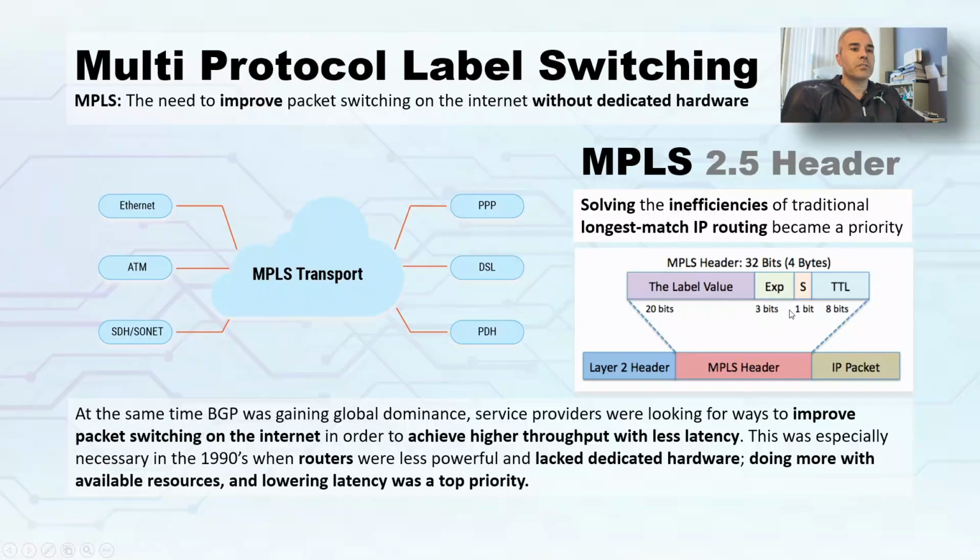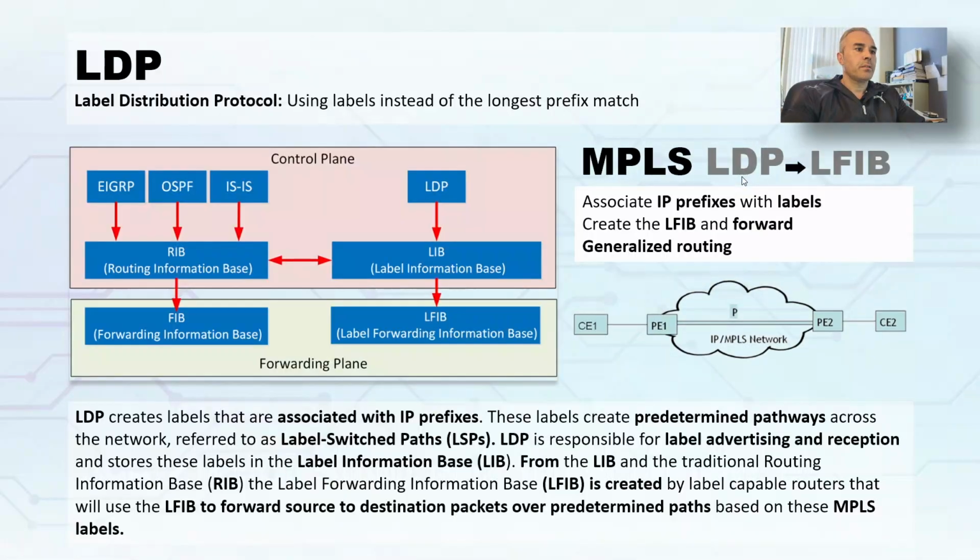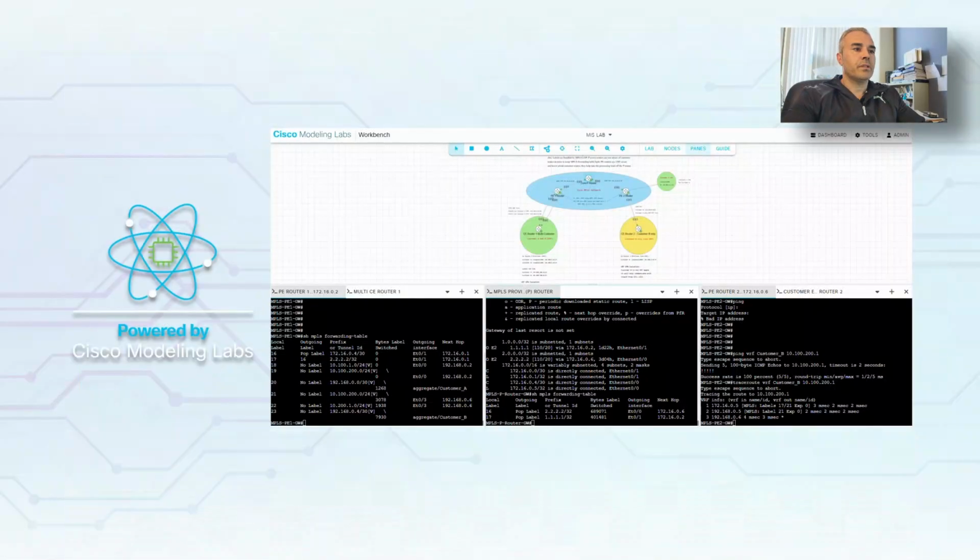It does its own quality of service. This is the S bit, which tells the router which label is the last label on the stack, and then the time to live. And it's important that we know where MPLS fits. It fits between layer 2 and layer 3, the IP layer, so it's sometimes called the 2.5 header. So that's important for us to know.